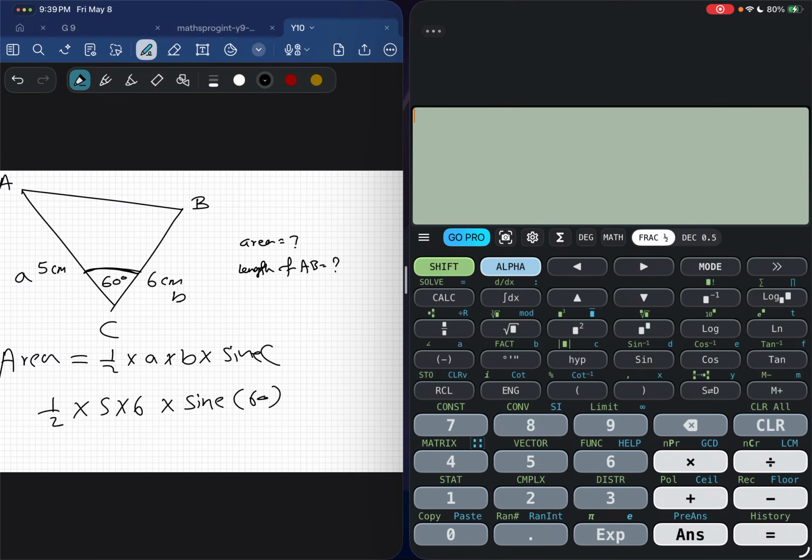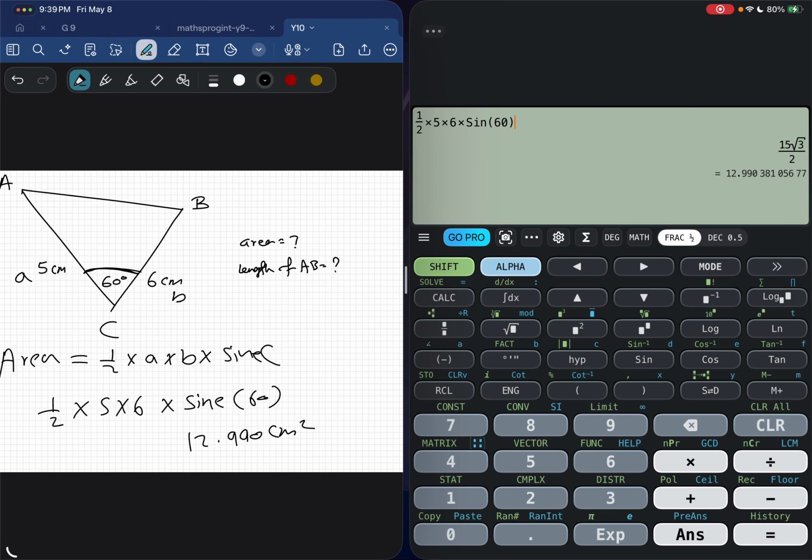Okay, so 1 over 2, which is the half here, times 5, times 6, times sine 60. Let's see the result. It is going to be 12.990. Obviously, it's an area, so centimeters squared.